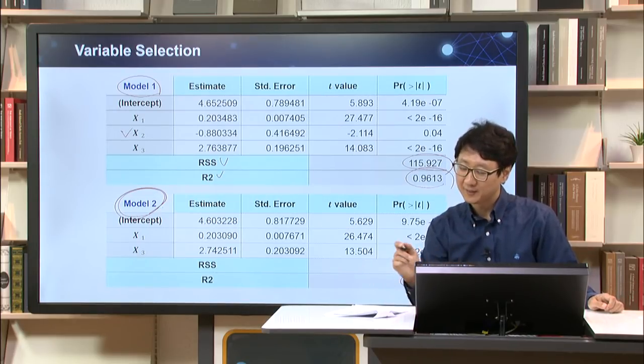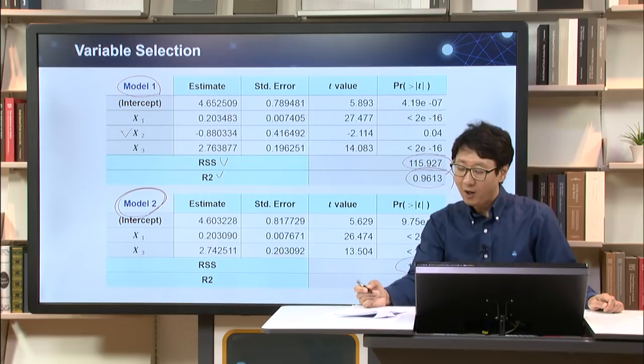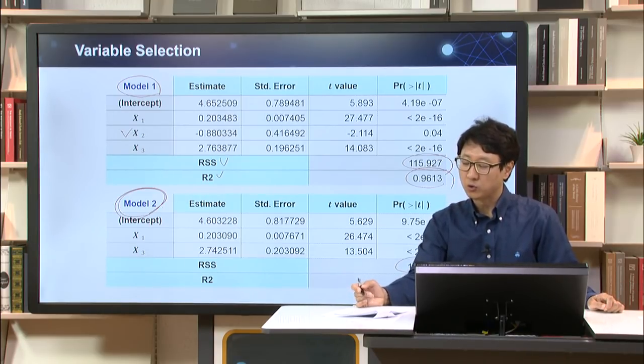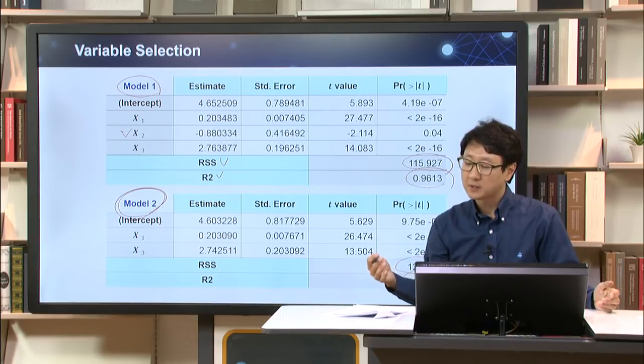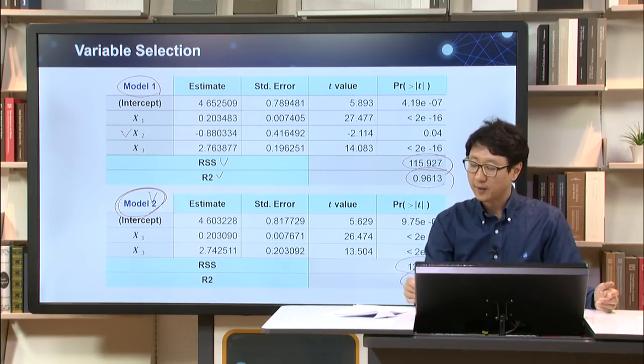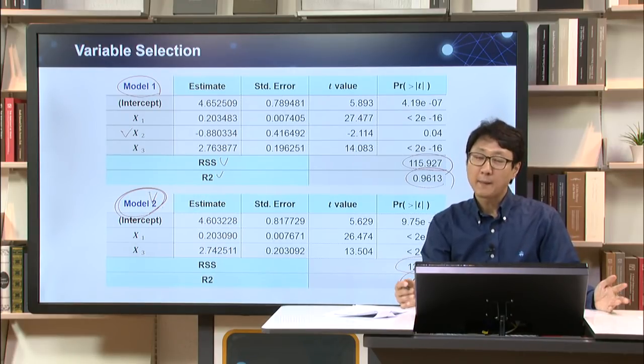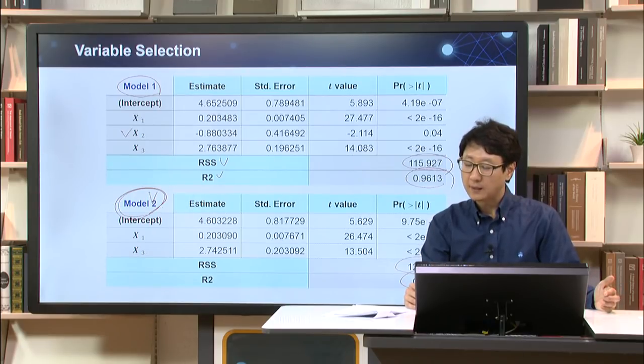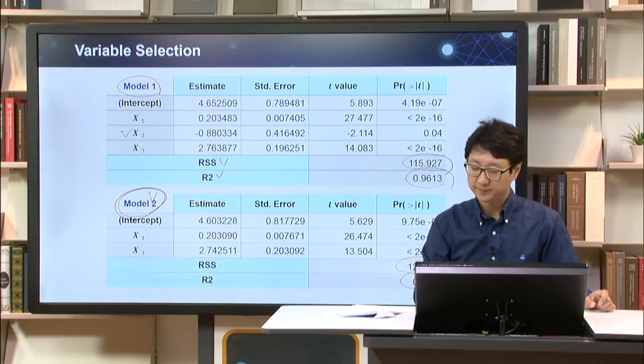Please think about it. Anyway, in this setting, if you are an experienced data scientist, you may want to choose model 2, because the RSS and R square are not much different, but model 2 is simpler. In other words, you may want to discard or remove x2.